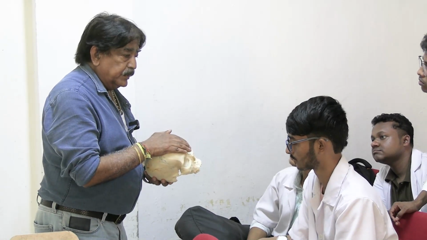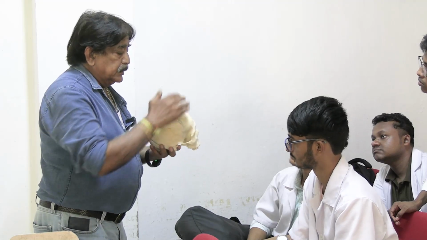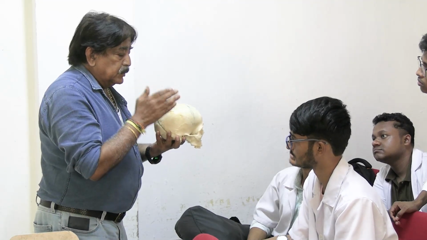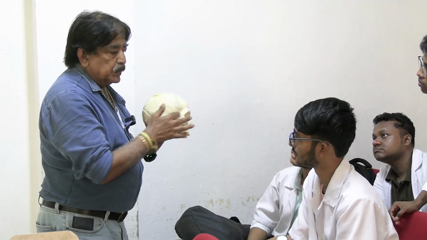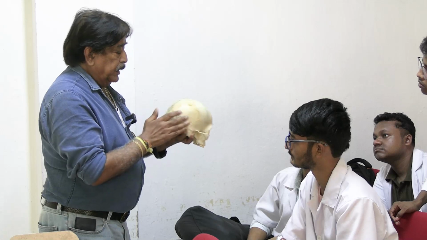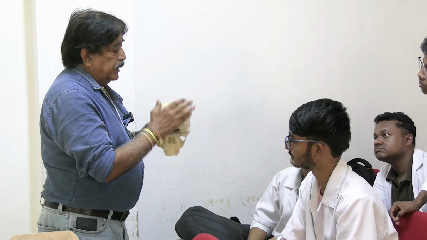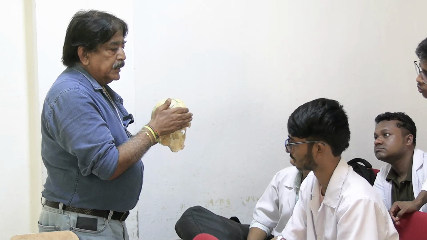This is the frontal bone. This is the parietal bone. The norma frontalis, norma lateralis. Laterally, this is your occipital bone, zygomatic bone. Posteriorly, the norma occipitalis.